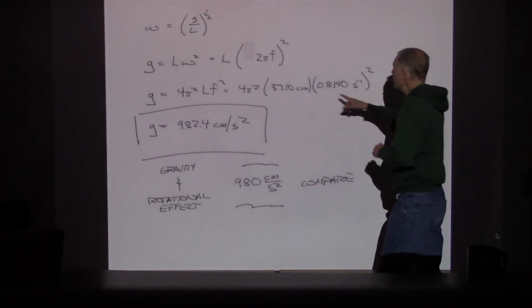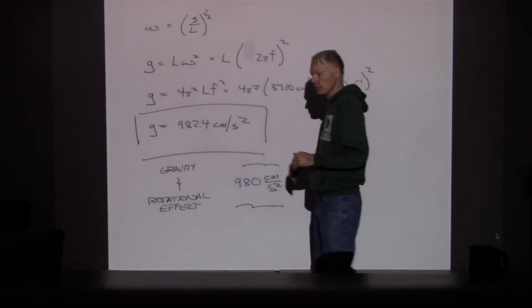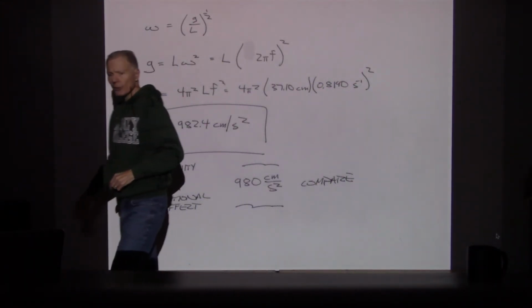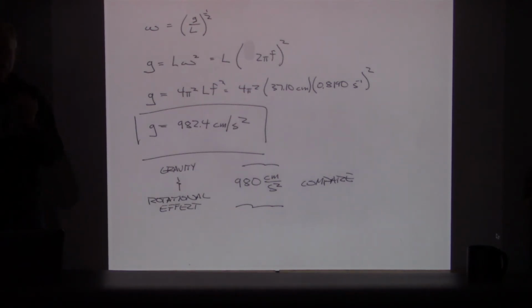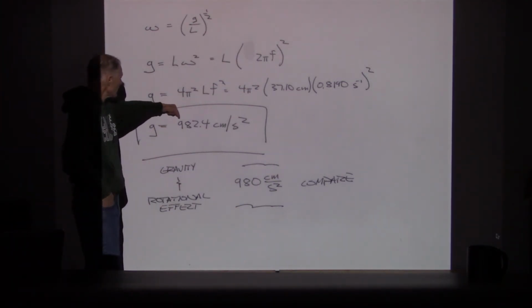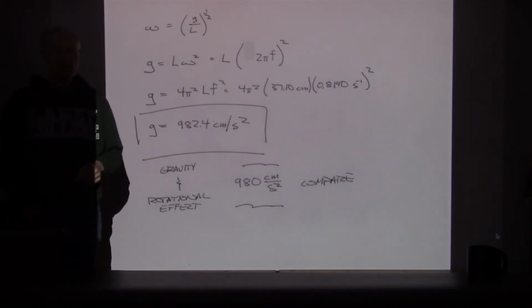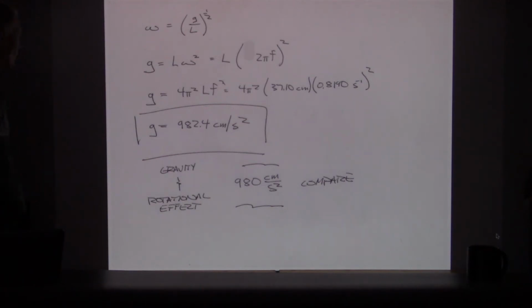Now when I put everything in, this was in centimeters, I ended up with a gravitational field measurement, or the geologist did. So the gravitational field measurement using the pendulum that she brought along is 982.4 centimeters per second squared. Okay, that looks pretty similar.